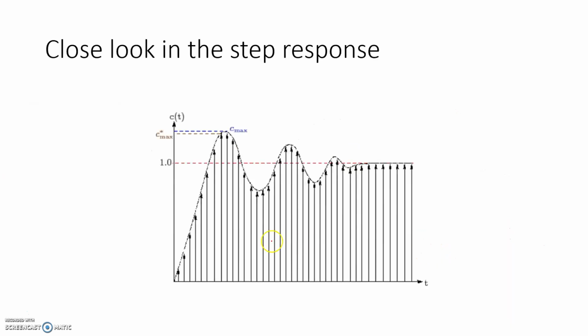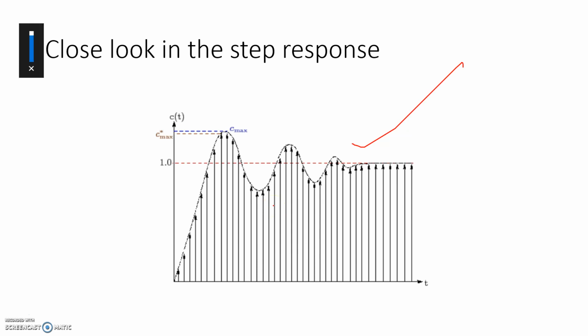If you observe only the output response, you will get this type of graph. From here there are lots of important points from the control system subject point of view. I will show you in MATLAB also.